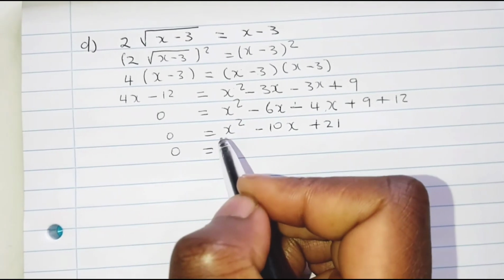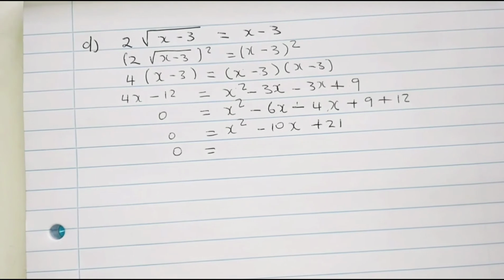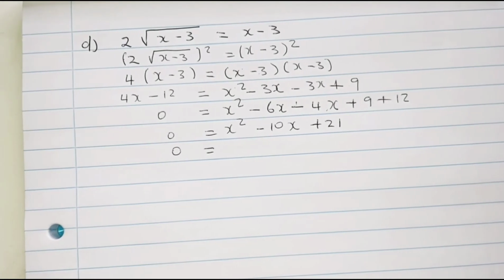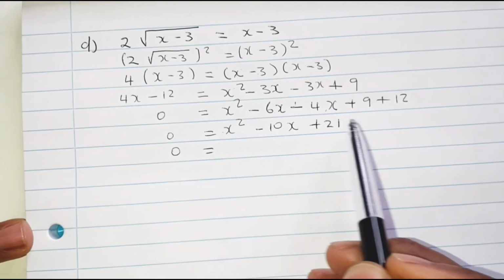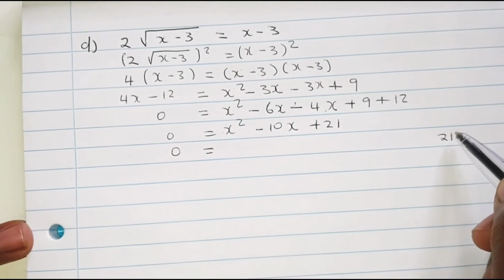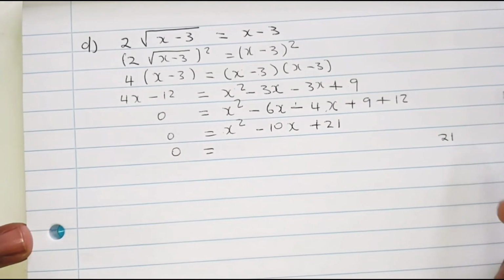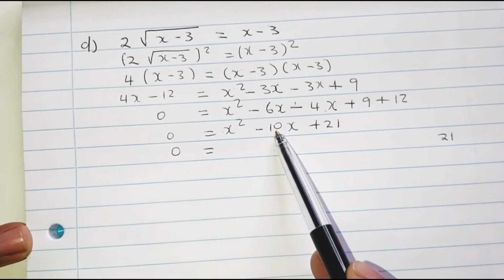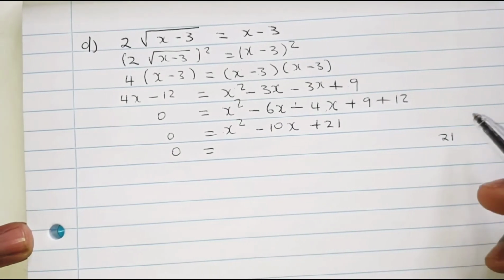0 is equal to, so now that we have gotten to this level, we're going to factorize, right? So you know how we factorize up to so far. It's going to be our 1 multiplied by 21, which gives us 21, right? Now because we have 21, our middle value is 10.